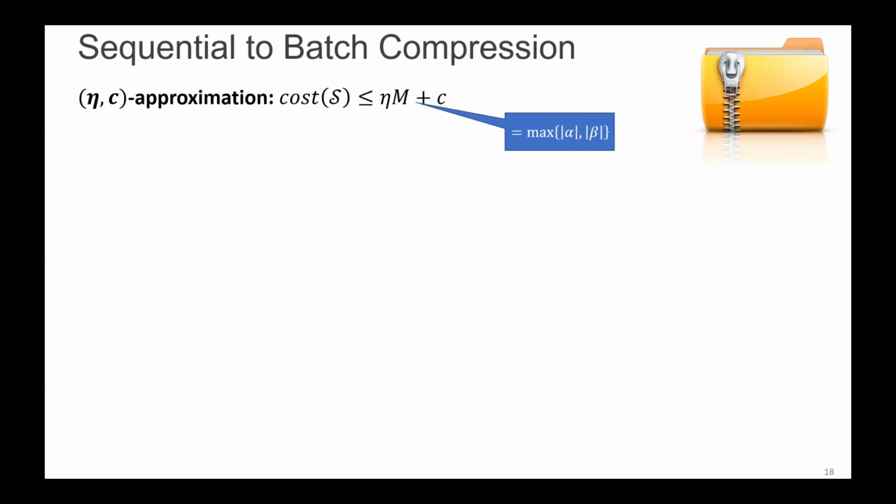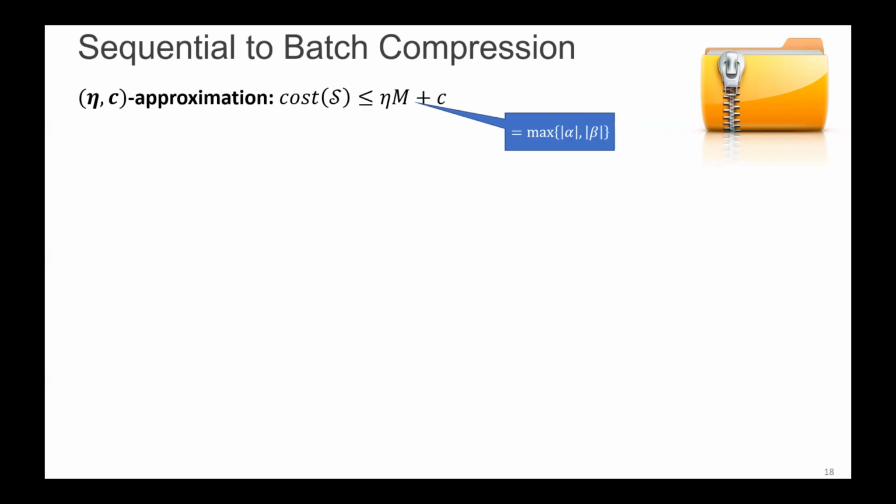Set this m to the maximum of the initial and the final vertex cover, because any schedule has to start with alpha and with beta. So the cost of any schedule will always be at least this maximum.